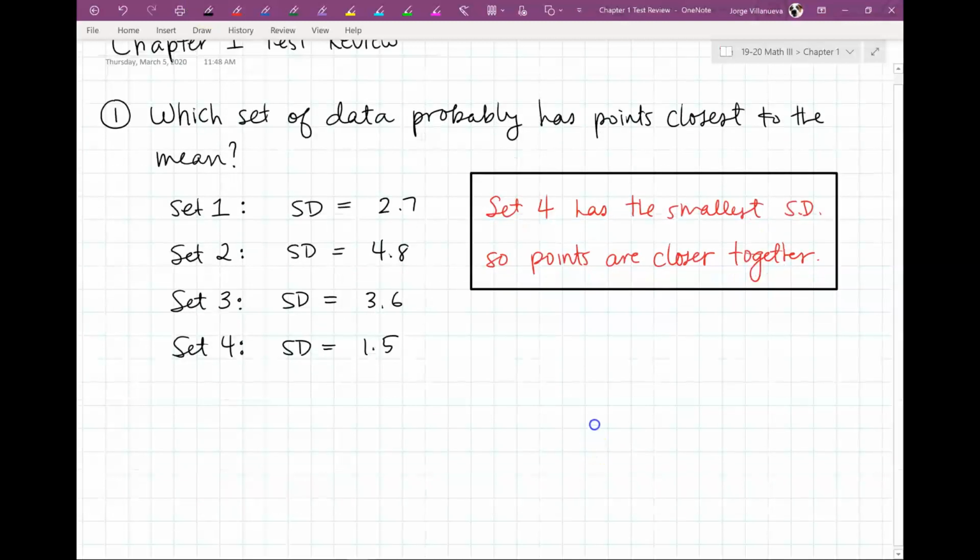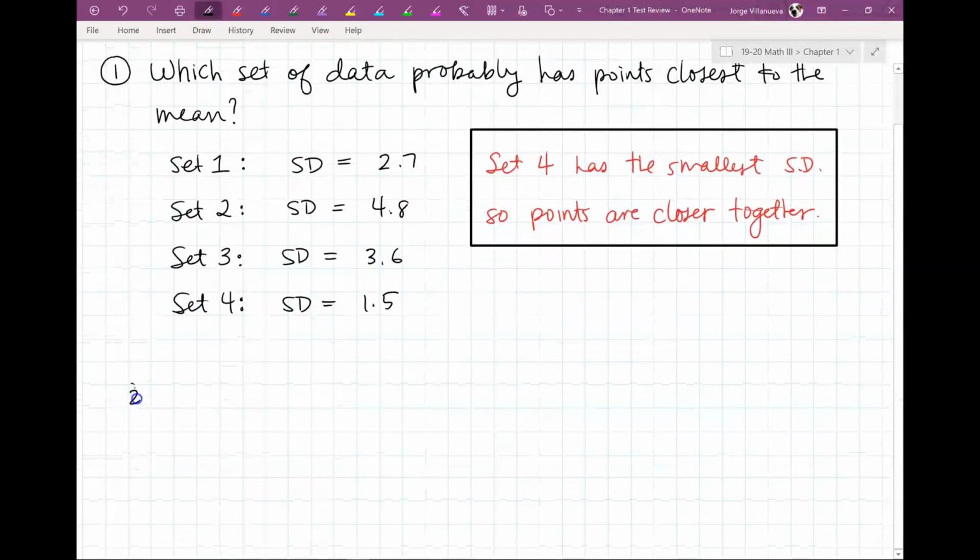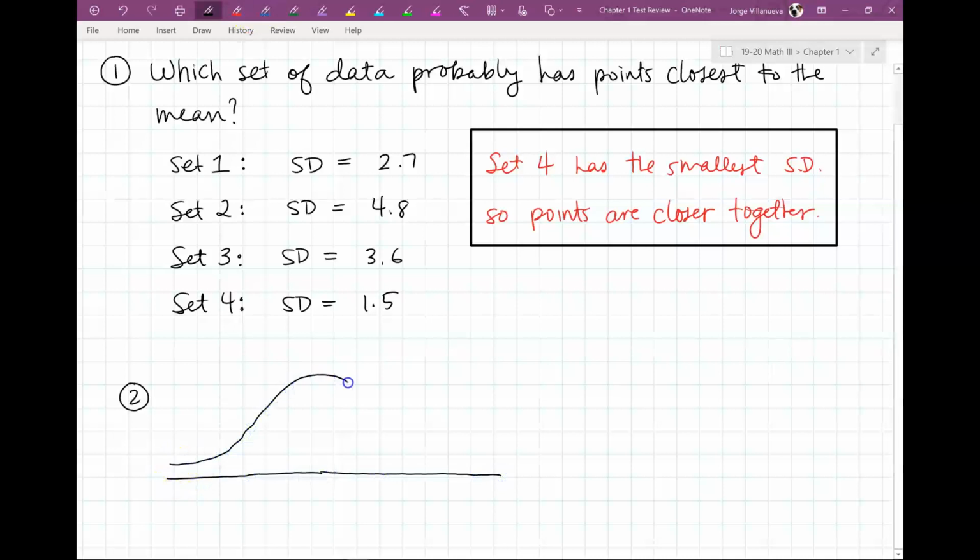Now let me draw you a picture really quick here. It's going to be a normal distribution curve, okay? So I'm going to draw a normal distribution curve. Then I'm going to label some stuff.